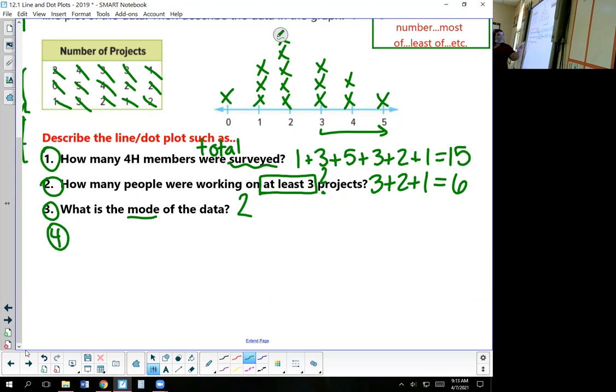What if I said then, okay, this one's for America now, ready? At most 2. How many students participated in at most 2 projects? At most. So think about what does that mean?